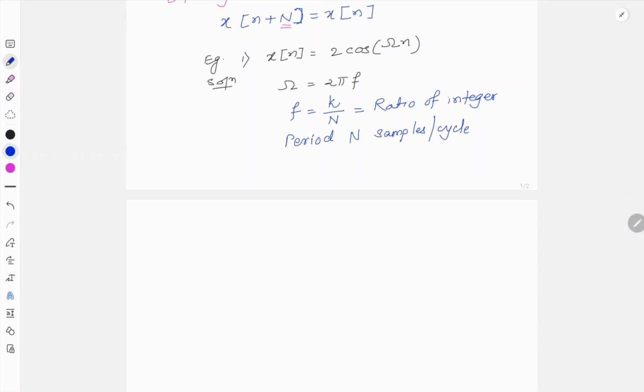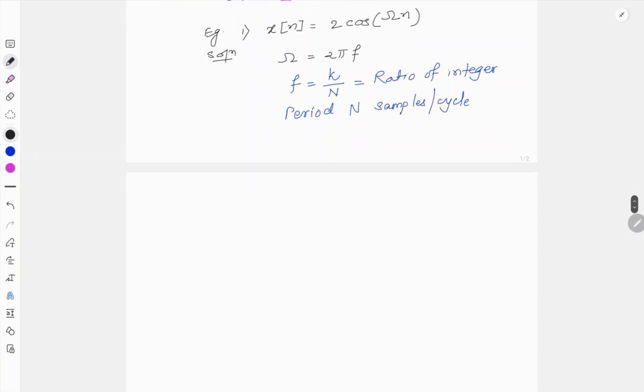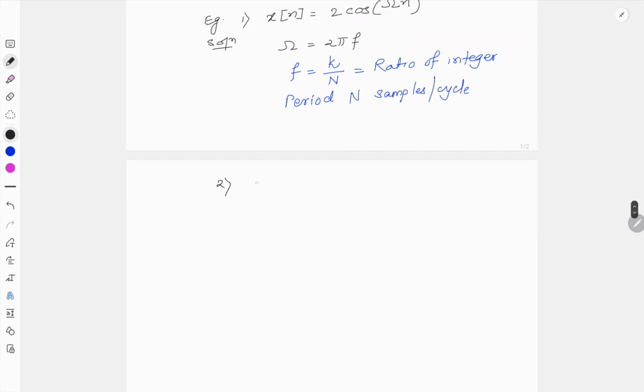Similarly, if we have a discrete signal of the kind x of n equal to 2 cos of omega 1 n plus 3 sine of omega 2 n, again we are going to find omega 1.